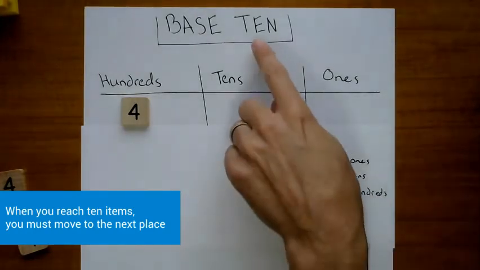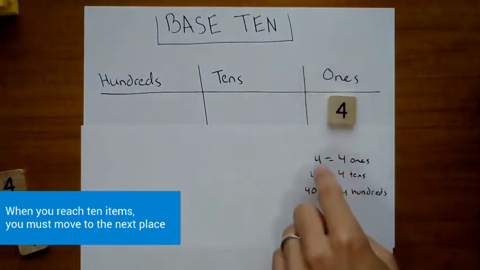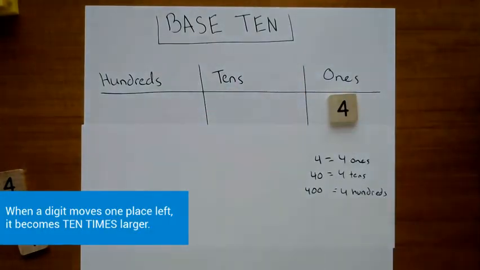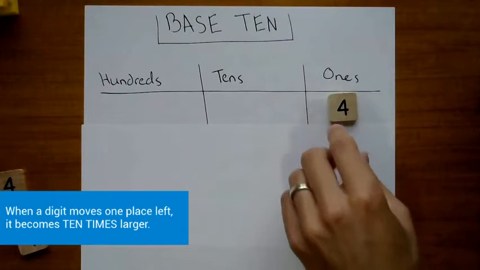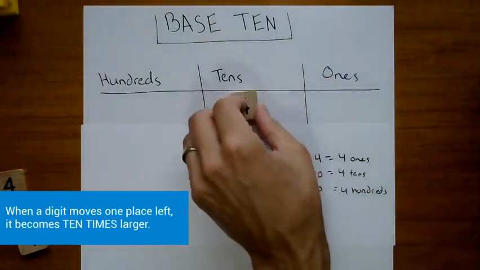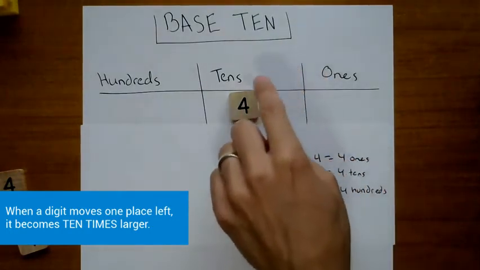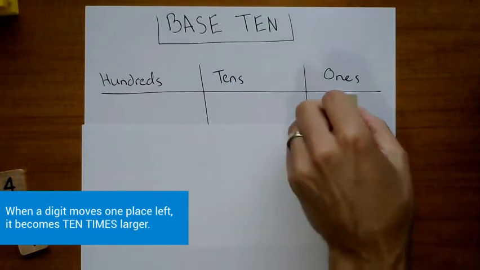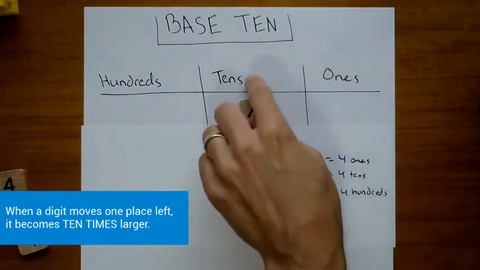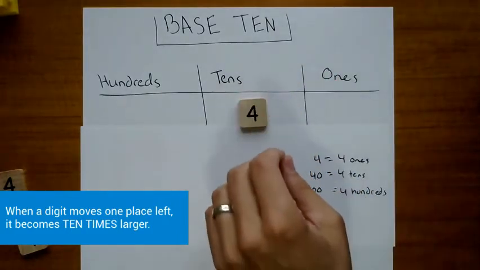So because we have a base 10 system, it's really easy to tell how much larger I make a number when it goes to the left. So let me say that again. 4 ones, if I take that 4 and I move it to the tens place, 40 is 10 times larger than 4 because we've got a base 10 system, and each time you go up one place value, remember you need 10 of something to go up to the next place value.